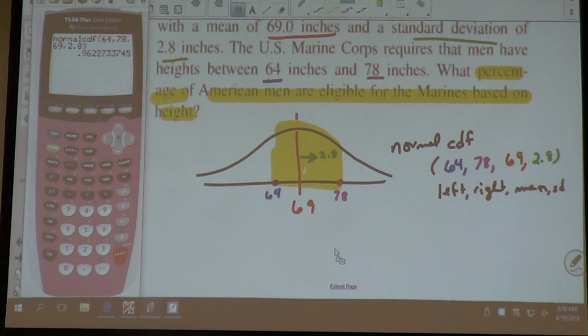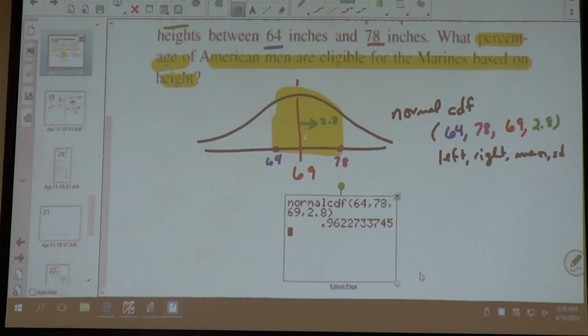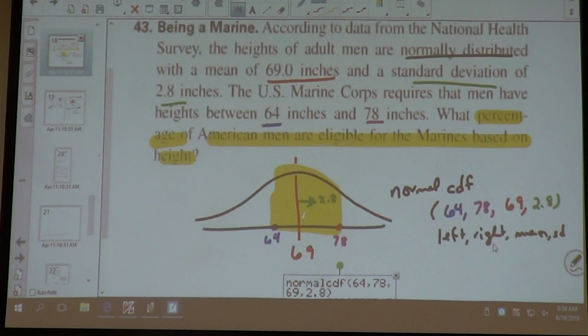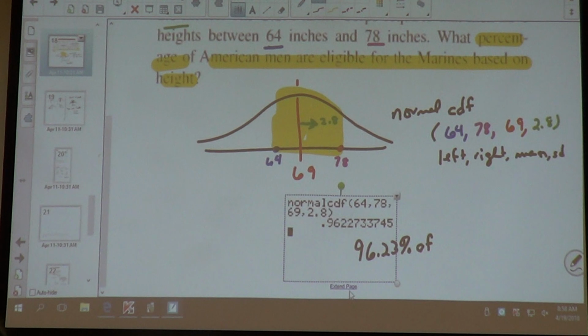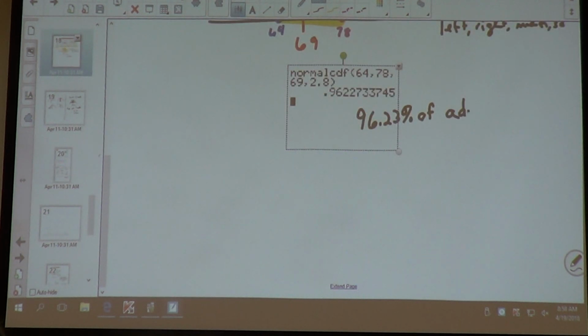So 96.23%. So 96.23% of, I think this was just men, of adult men can get into the Marines based on height.